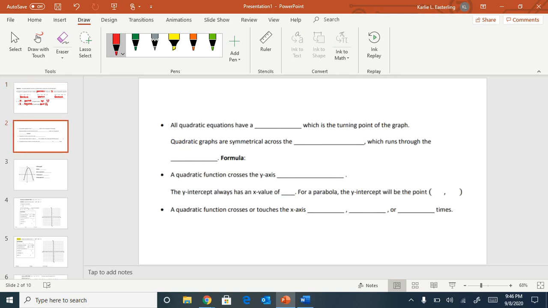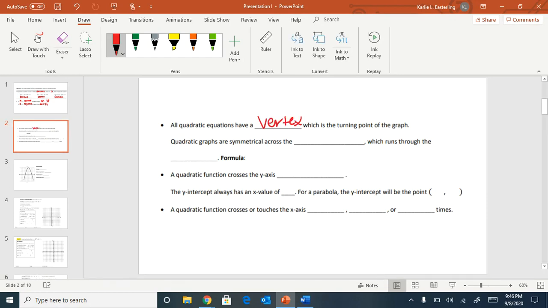All right, so just a little bit more information. All quadratic equations have a vertex, which is the turning point of the graph. Whenever we were talking about our upside down U's, that maximum was our vertex. Whenever we're talking about right side up U's, that minimum would be our vertex.